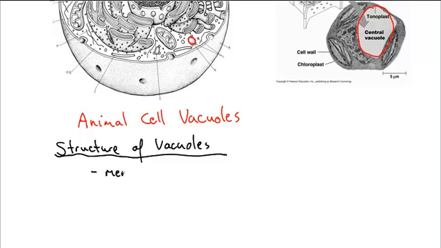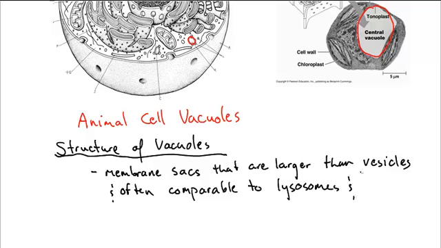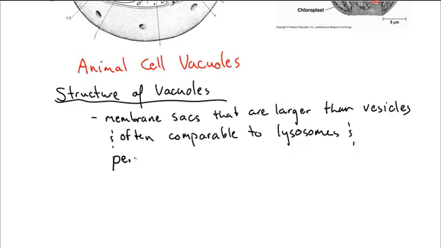So they are membrane sacs that are larger than vesicles, and often comparable to two other organelles we're going to learn: lysosomes and peroxisomes in size, but not in content or function.